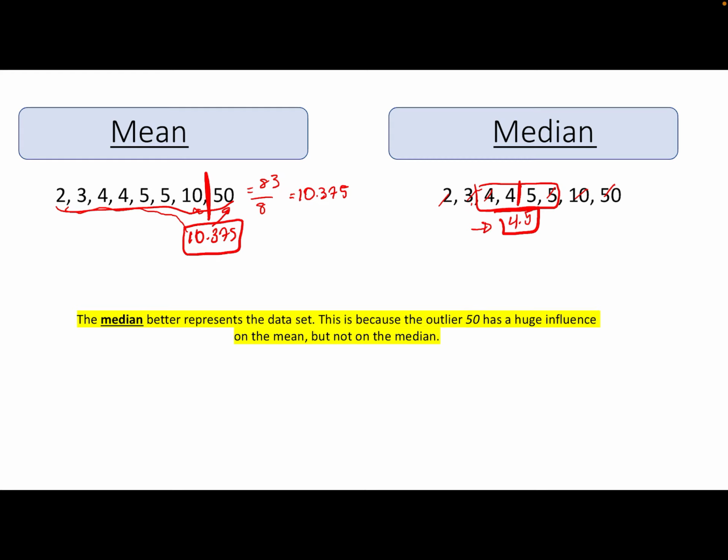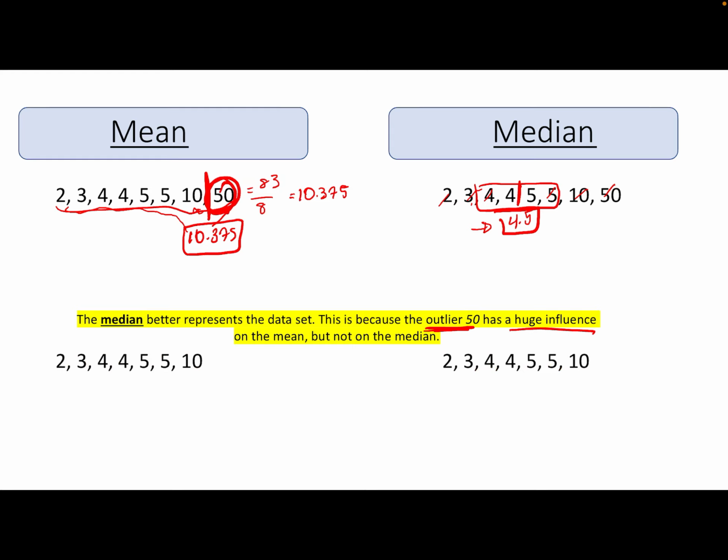And that's because there's an outlier here, and an outlier 50 has a huge influence on the mean, but not on the median. So this outlier here takes that mean and moves it higher, but here in the median, it does not. It does not really move that median very much.